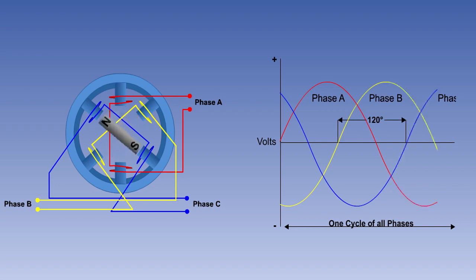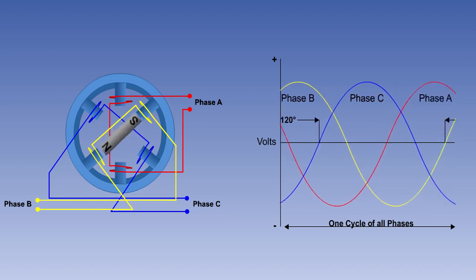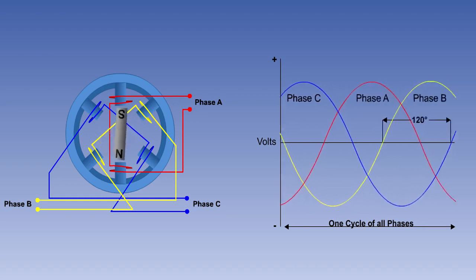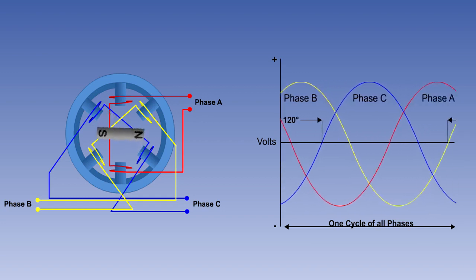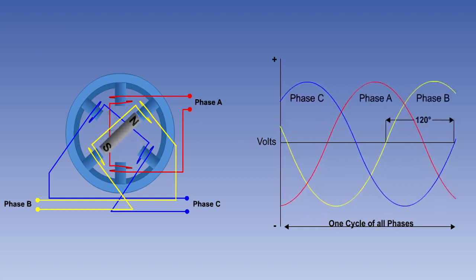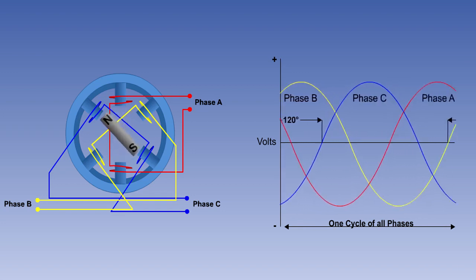B phase, in turn, peaks 120 degrees before C phase reaches a peak going positive. This gives the phase sequence ABC. The peak values of the voltages induced in the three single-phase windings of the three-phase alternator are therefore 120 degrees displaced from each other. The three phases are independent of each other.